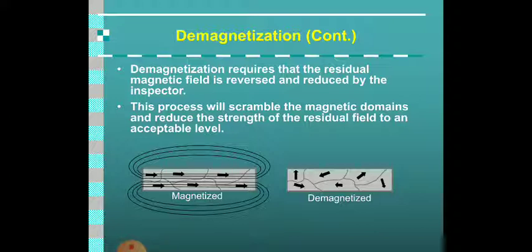This demagnetization is a very important thing for most applications. Where a massive structure is involved, AC does not work because it fails to penetrate sufficiently to accomplish demagnetization. So in that case, DC magnetization should be used.